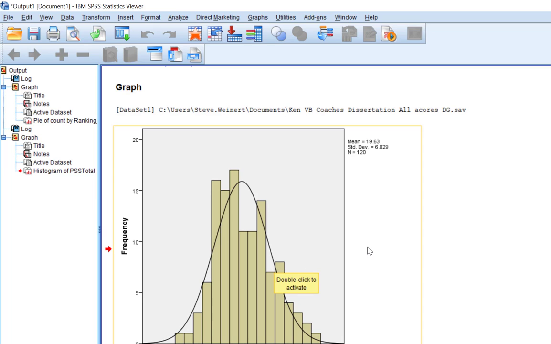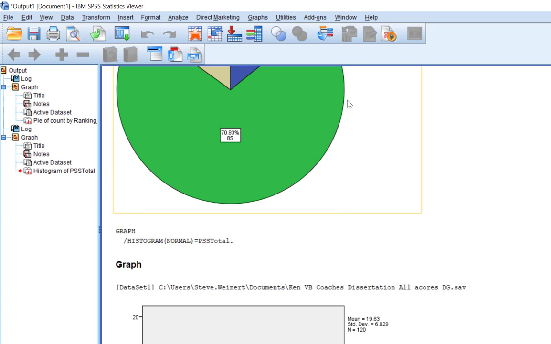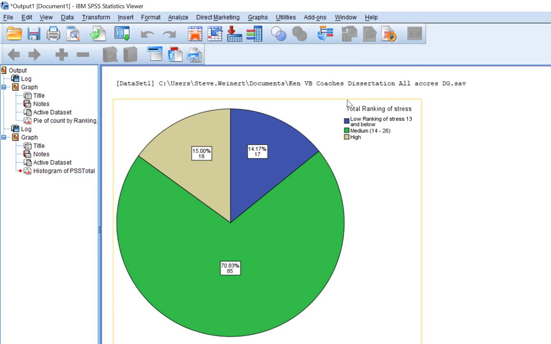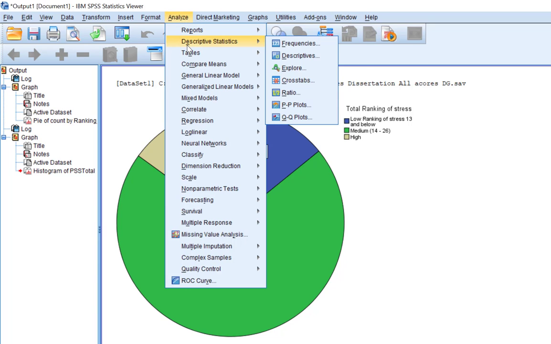And it looks almost perfectly normally distributed. So let me do a quick little check.